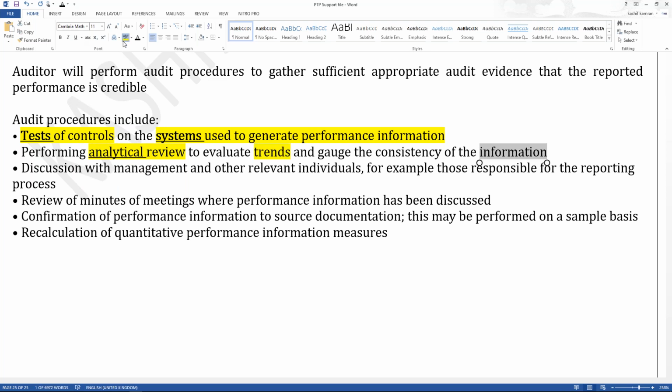How much donation has the company given in the last year 2019, or in the previous year 2018? What has been the trend of giving donations? Normally the company gives a donation of like $100,000, or the company used to give a very high donation, but this year the company has given a very low donation. So can we gauge the trends through analytical review by finding trends of the last years? Is that clear to everyone?